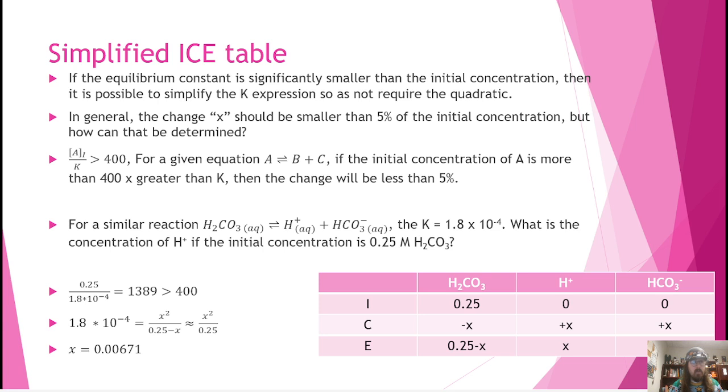This will get you the right answer each time, and it's a lot easier than using the quadratic. However, if you want to use the quadratic, that is fine. But this will guarantee you get a right answer, and it's another way to do it. With that in mind, let's continue on.